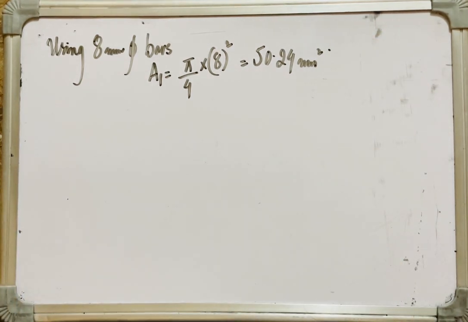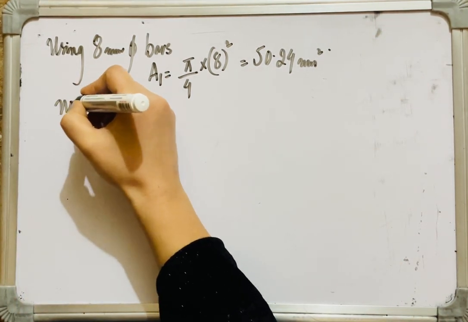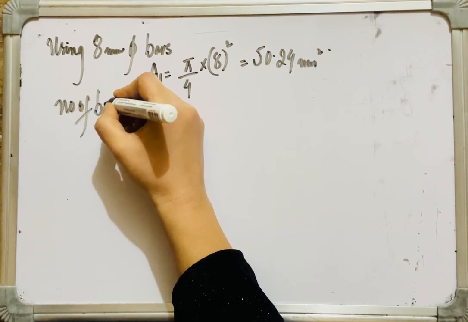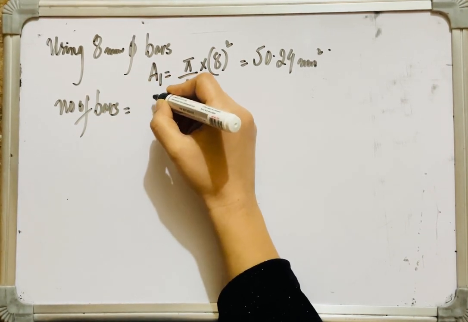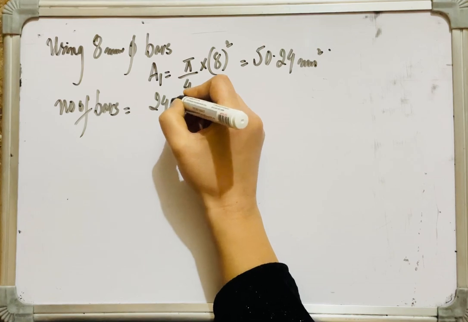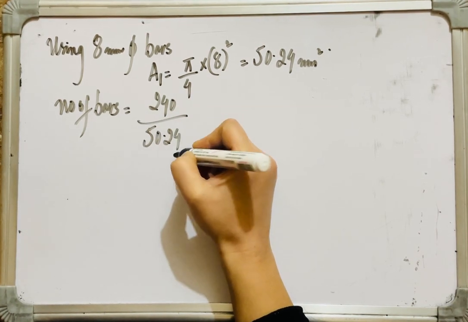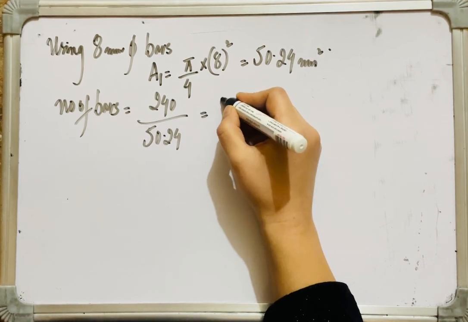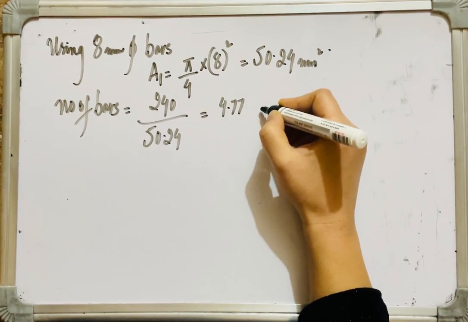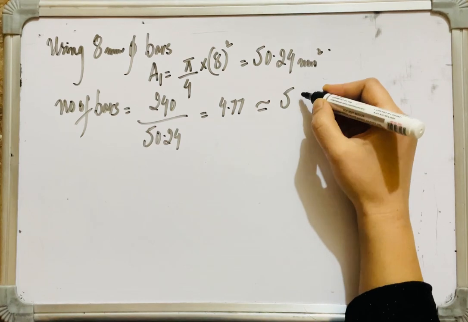Alright, number of bars, कितने number of bars लगेंगे, एरिया कितना है ज़रूरत, 240 mm square. एक बार का एरिया 50.24, which is equal to 4.77. Let's go 5 bars.